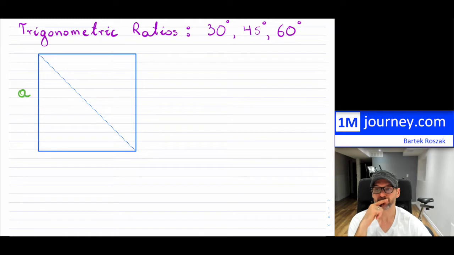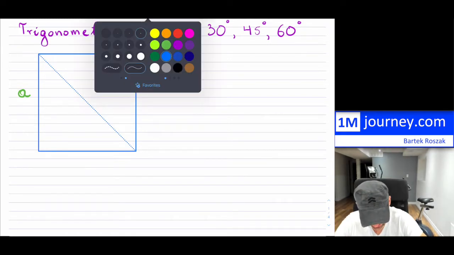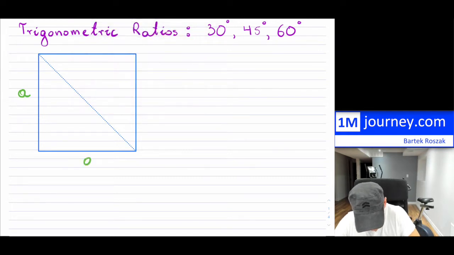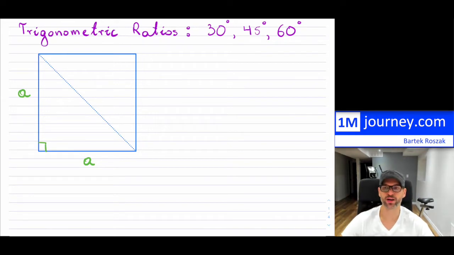Because it's a square, these triangles will be isosceles right-angle triangles. Here is your right angle, and the two sides are the same. So it's a right-angled isosceles triangle.